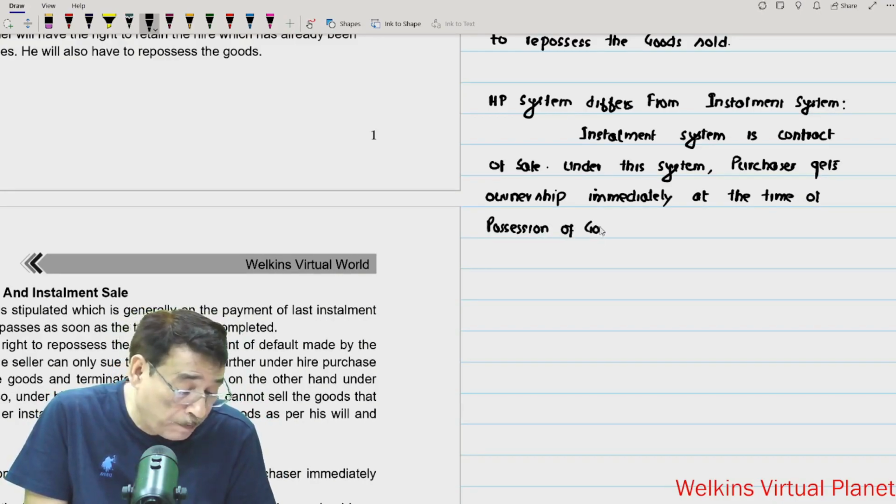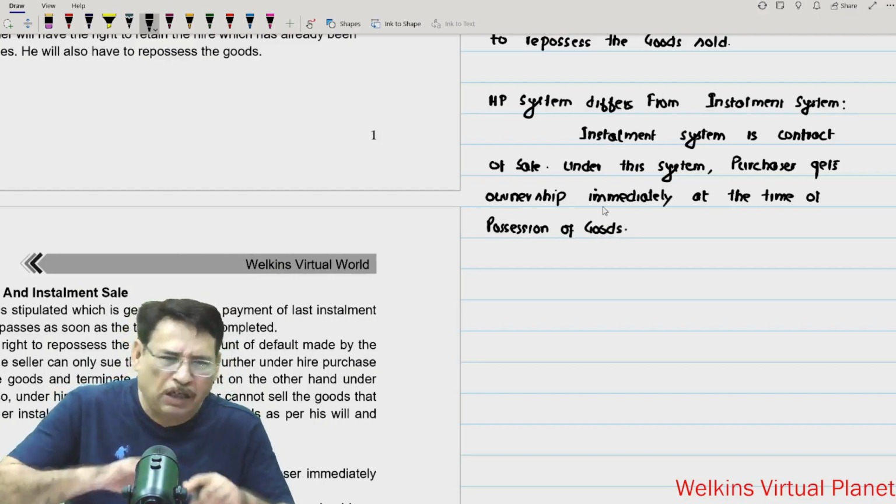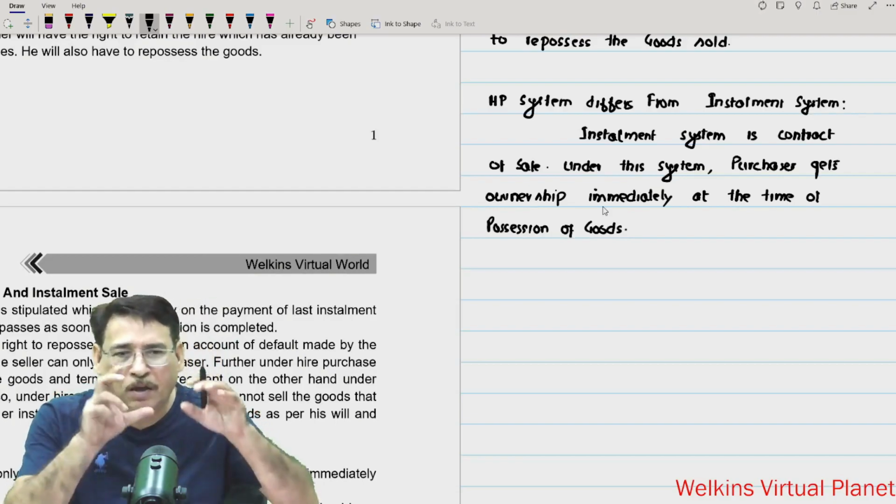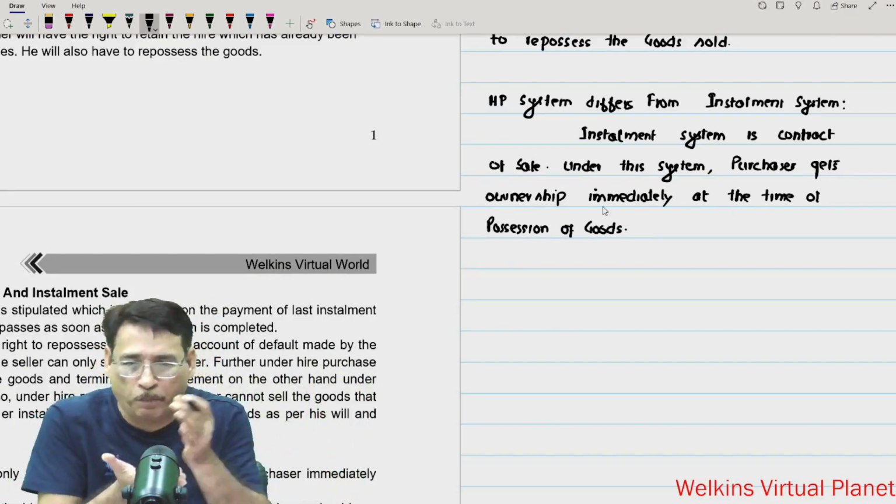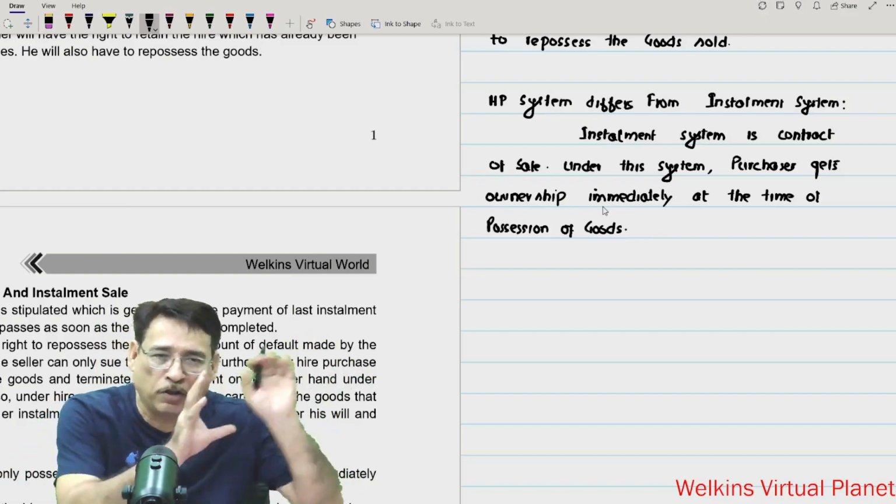So this is the big difference between hire purchase system and installment system. Even under installment system also, the seller will ask the purchaser to pay initially some amount and take the possession of the goods.